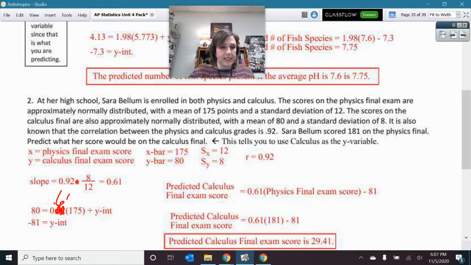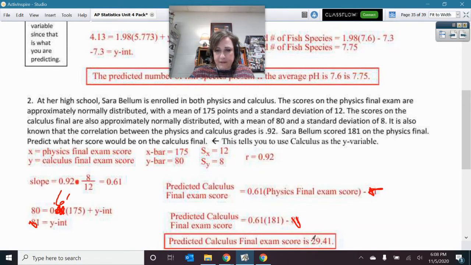So again, 0.61 times 175 is 106.75. So I'm going to do 80 minus 106.75, and there we have the negative. This should be negative 26.75. See, here that's wrong. That's supposed to be negative 26.75.